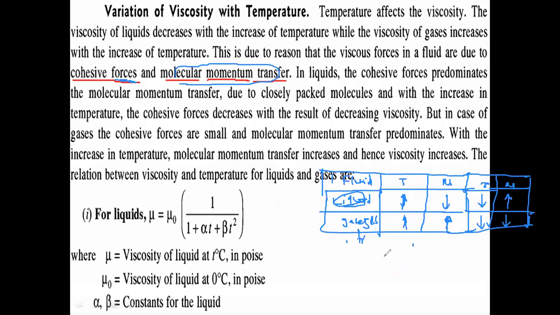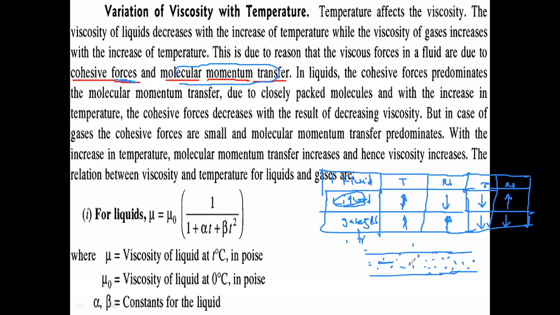Okay, suppose there is one pipe. In this pipe, these are the gaseous molecules which are separated apart. The basic difference between liquid and gases is that molecules are far away from each other in case of gases, right? Now here, the viscosity is nothing but the resistance offered by one layer or one molecule to another molecule.